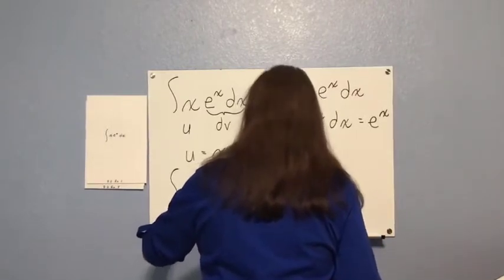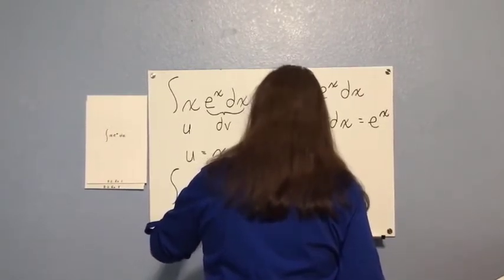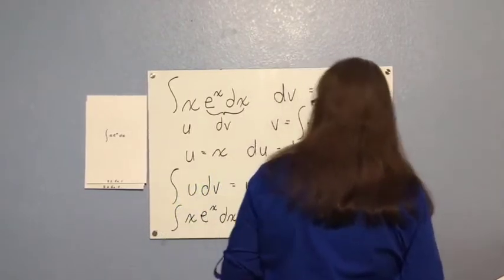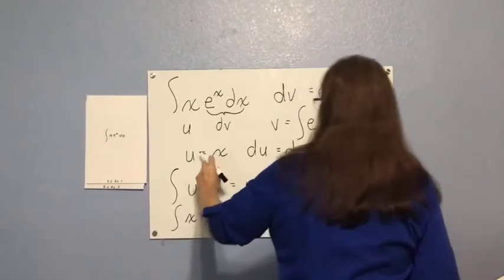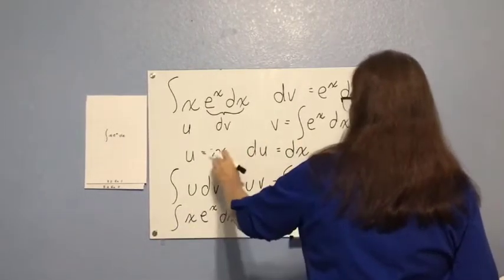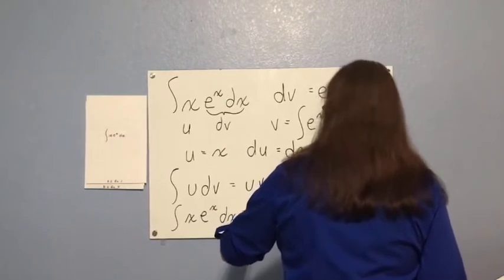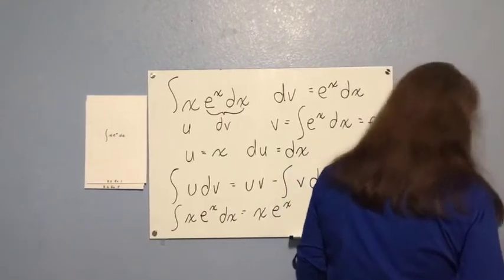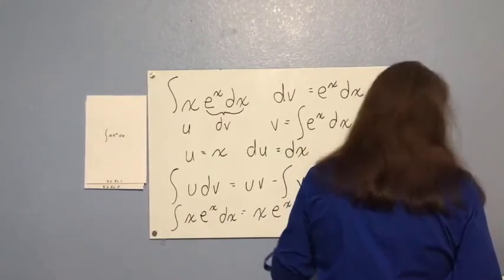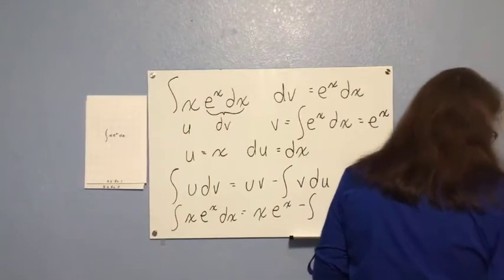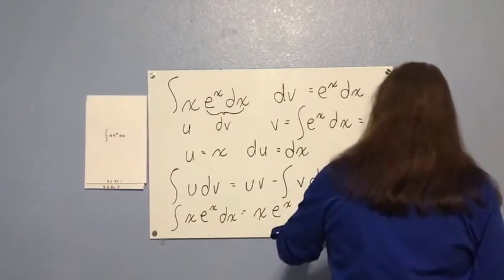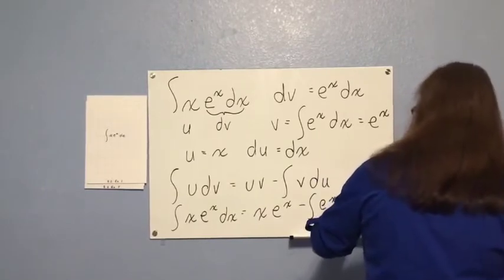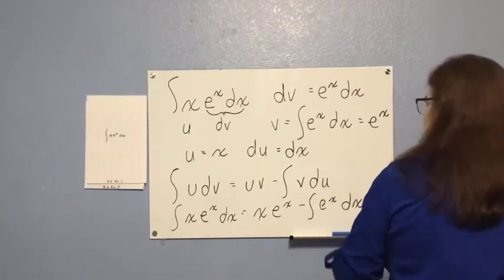We have the integral of x times e to the x dx is equal to u times v. So it's going to be x e to the x minus the integral e to the x dx. Okay, that's our v du.